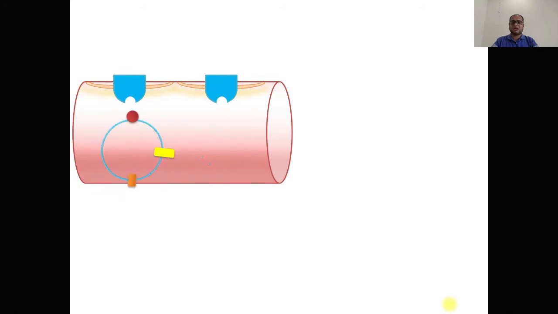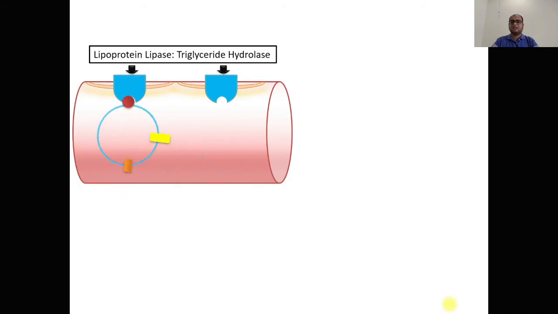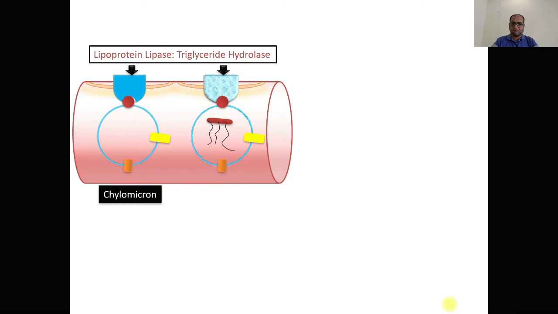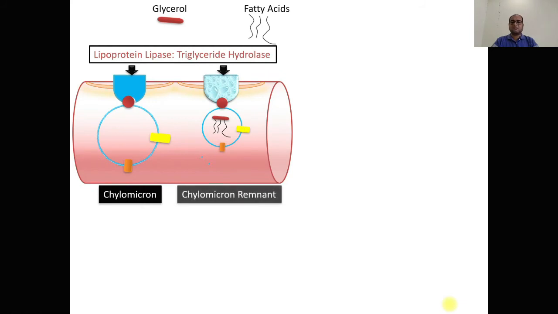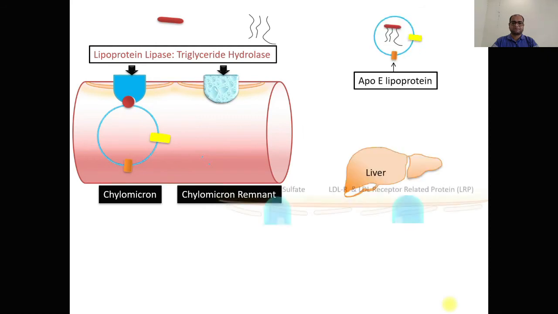Once it reaches the required tissue, it binds with the lipoprotein lipase in the cell, and what happens is that glycerol and fatty acids are utilized inside the cell and removed, and the structure of the chylomicron is getting reduced, which is called the chylomicron remnant. Here ApoA1 and C will be removed and this part is separated.